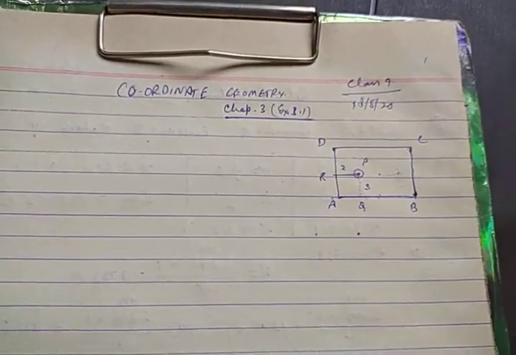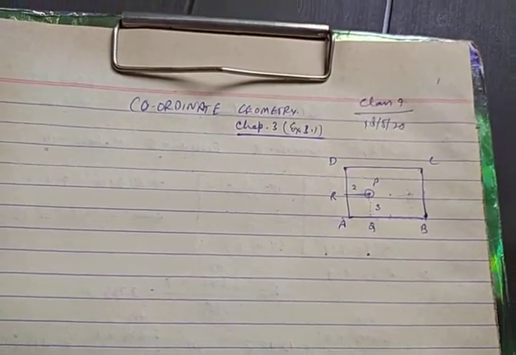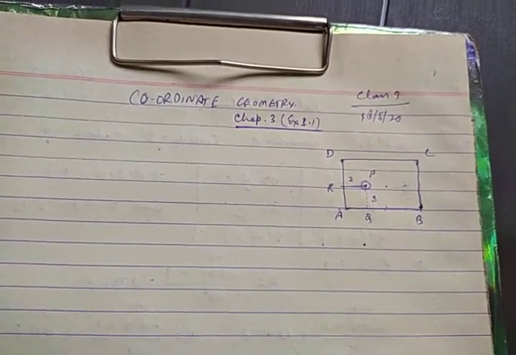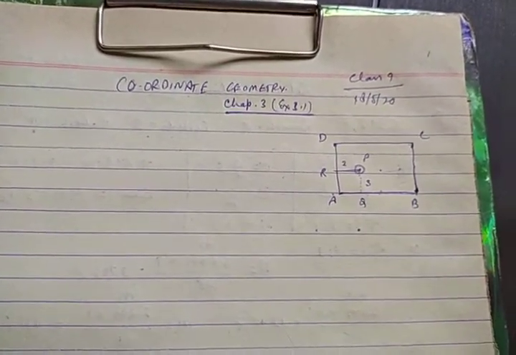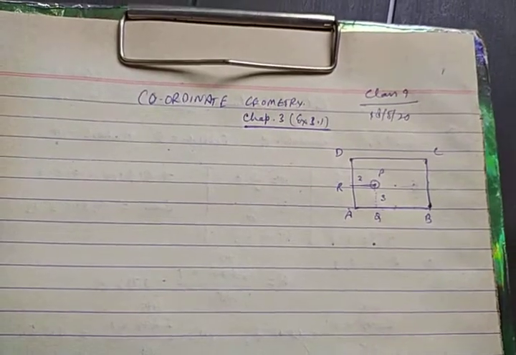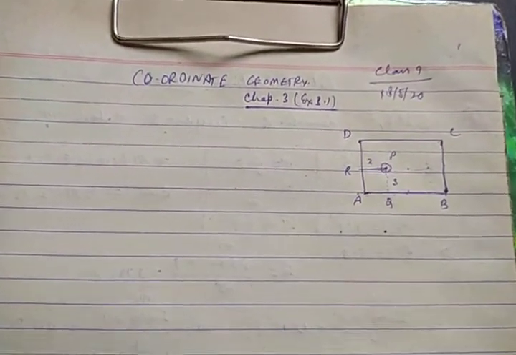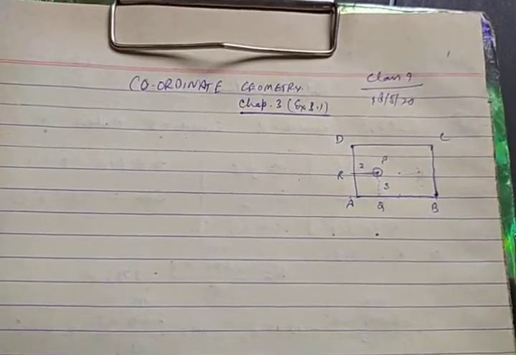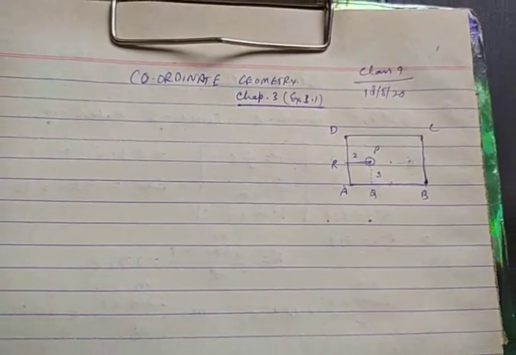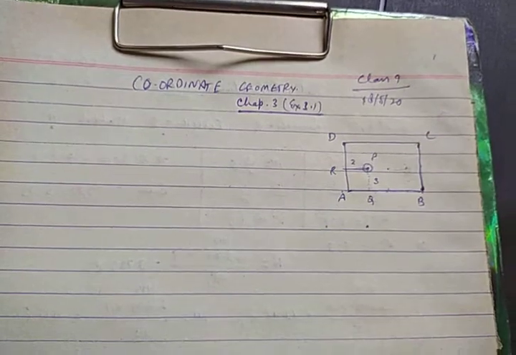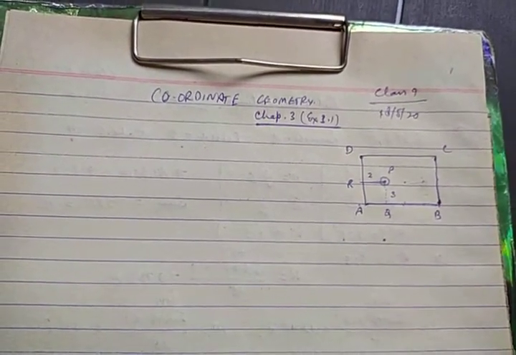This is the concept of exercise 3.1, the measurement of an object regarding its fixed position. In 3.1 only two questions have been given. One is regarding the table, and that is the practical approach. You can measure the position of the table in your room wherever you are at this time.